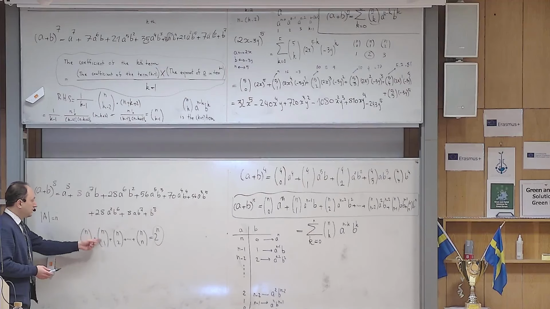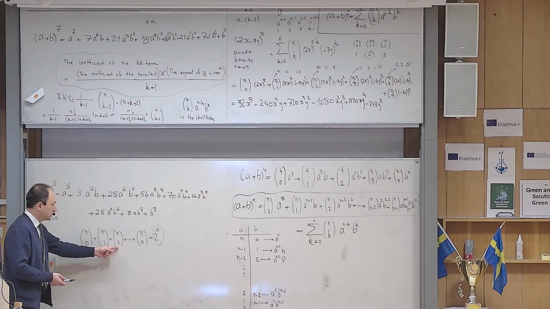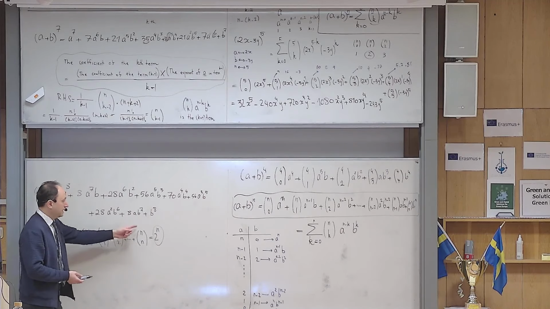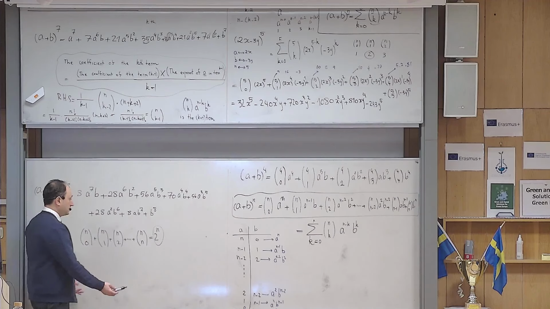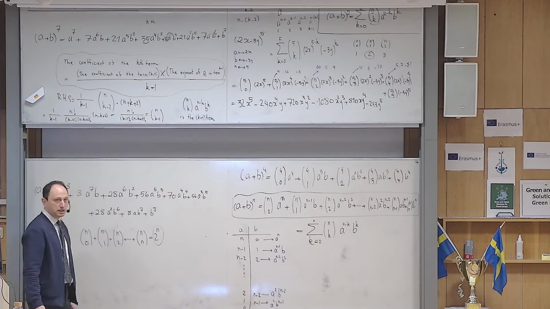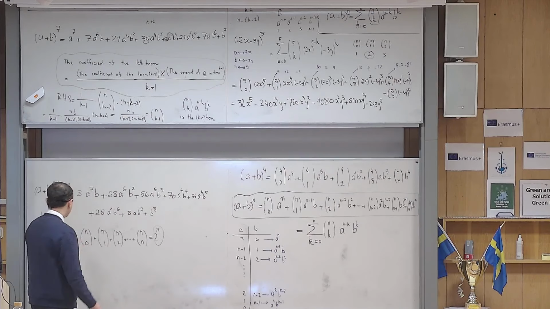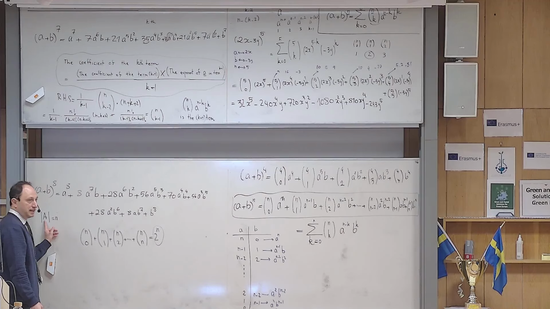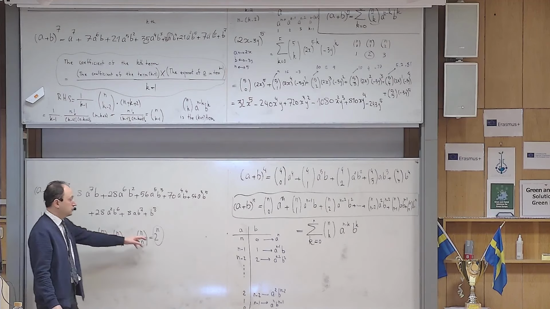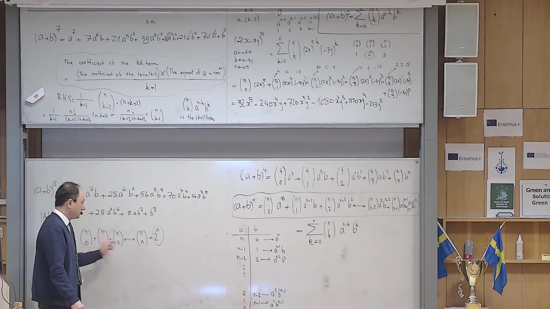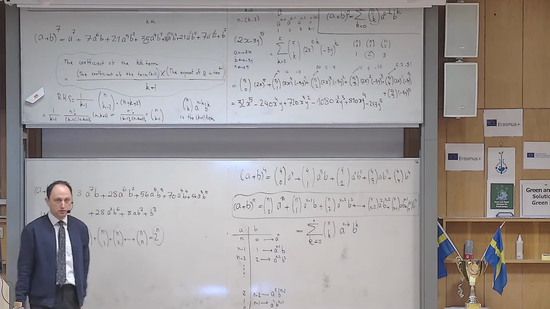Or I have one element subsets, and you know that in a subset order doesn't matter, so that's a combination. Or I have 2 element subsets, 3 element subsets, or n element subsets. It is clear that if I add them up, it gives me exactly the total number of subsets. So the total number of subsets of a set of cardinality n, on the one hand is 2 to the n, on the other hand is this sum. So they have to be equal.